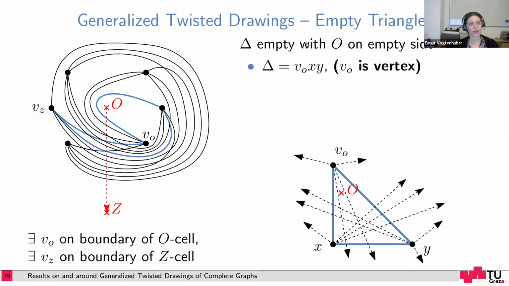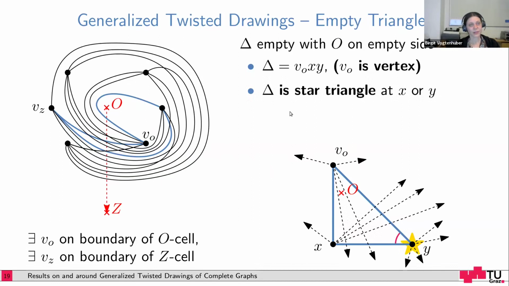So for every empty triangle, every vertex that is incident to the cell containing O is a vertex of this triangle. So in this example here, we would actually have 2 such vertices, but in the general picture on the right, let me stick with, it might also be only 1.